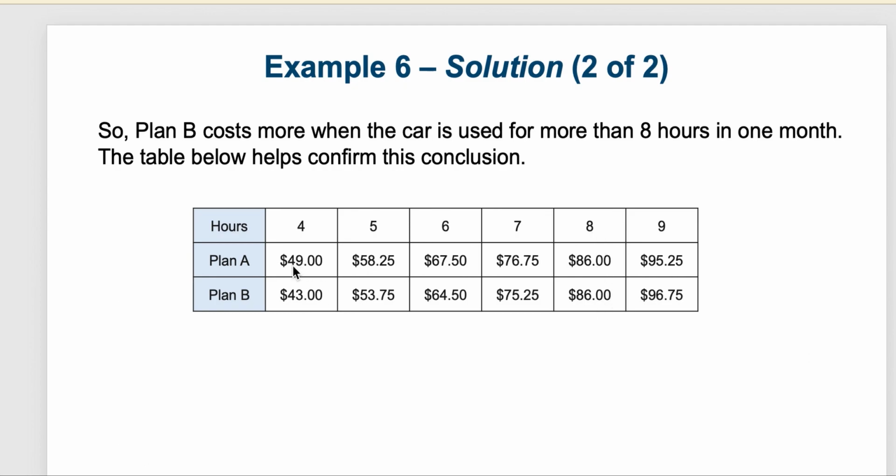As you can see, initially Plan A was costing more and Plan B was costing less, but these values are catching up, and once it's 8 hours, they're the same, and once it's 9 hours, Plan B costs more than Plan A. So this is just a compilation of all different solutions. That's it for this class.